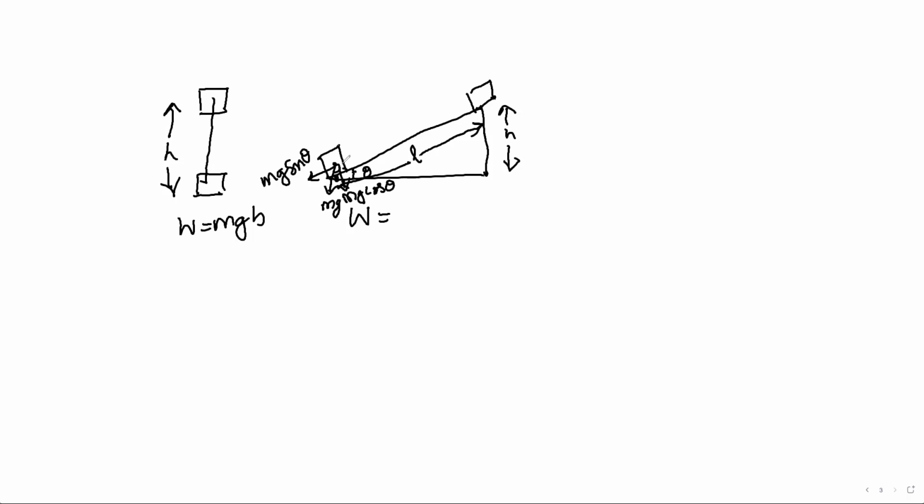Suppose I want to move this object from here to here. How much force do I have to apply? The minimum force against the gravitational force, mg sin theta.